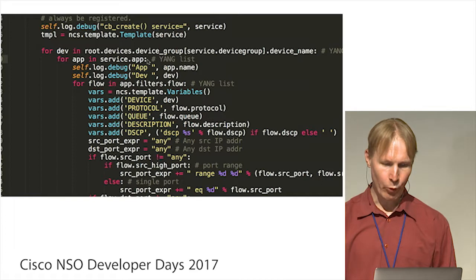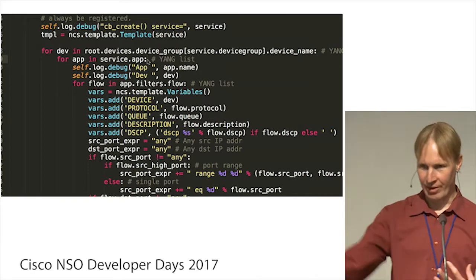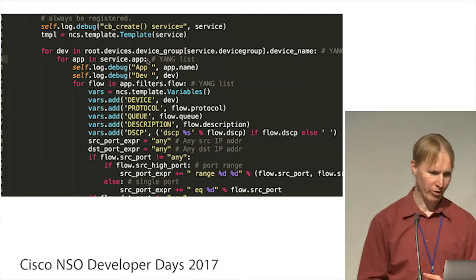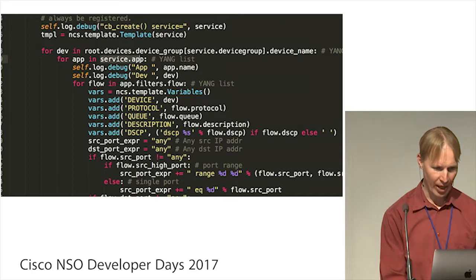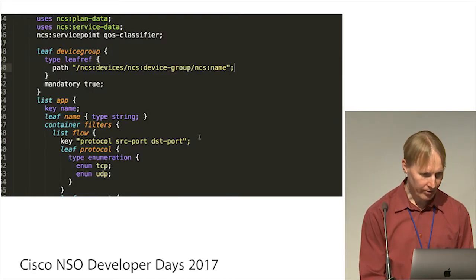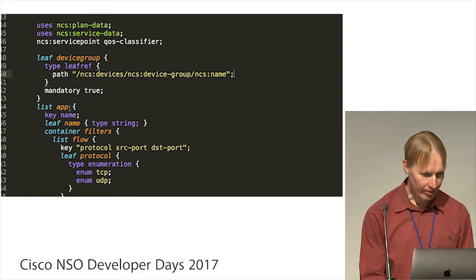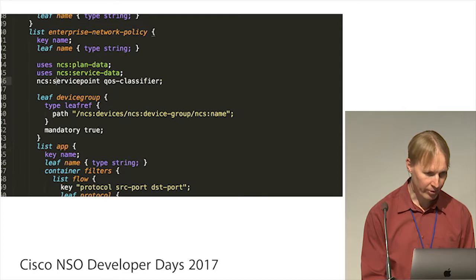Okay, next thing I want to do, for each of these devices, I want to loop over all these applications that we want to identify with match flows. So then I have another loop saying, okay, for app in service.app. If you go back to the Yang here, you can see that this is the list I'm talking about. I'm inside the service. Here's the service point. And I'm inside the service, and I have a list of apps.